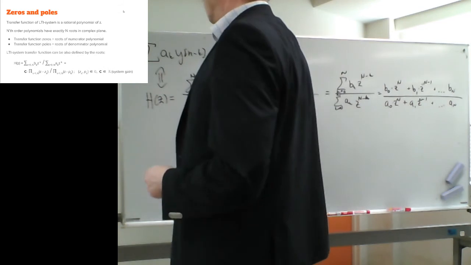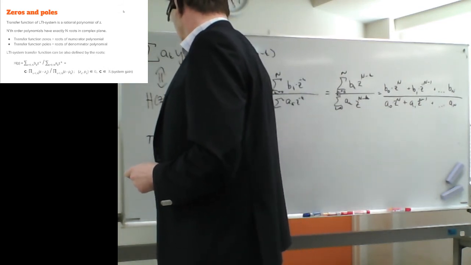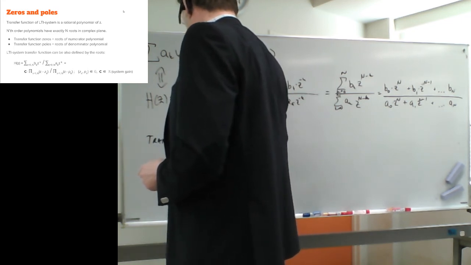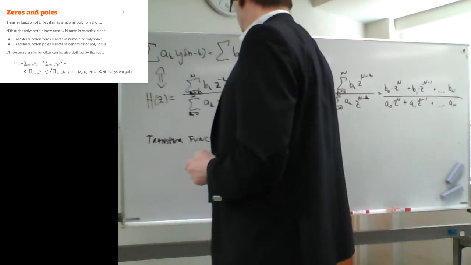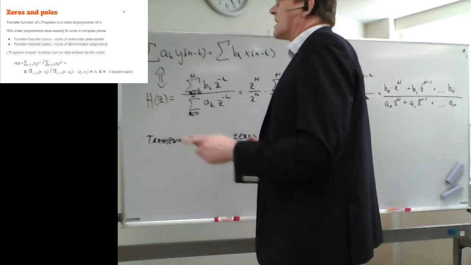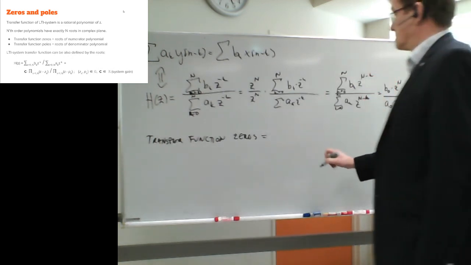So for the transfer function, the zeros are actually the same as the roots of this polynomial.